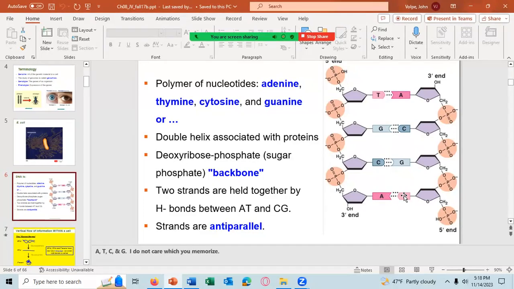At our body temperature, 37 degrees Celsius, these hydrogen bonds in our double strand of DNA are breaking and reforming all the time. And we call that the DNA breathes, because one bond will break, but the DNA is held together by the other bonds. And then that one will reform, and then this one will break.